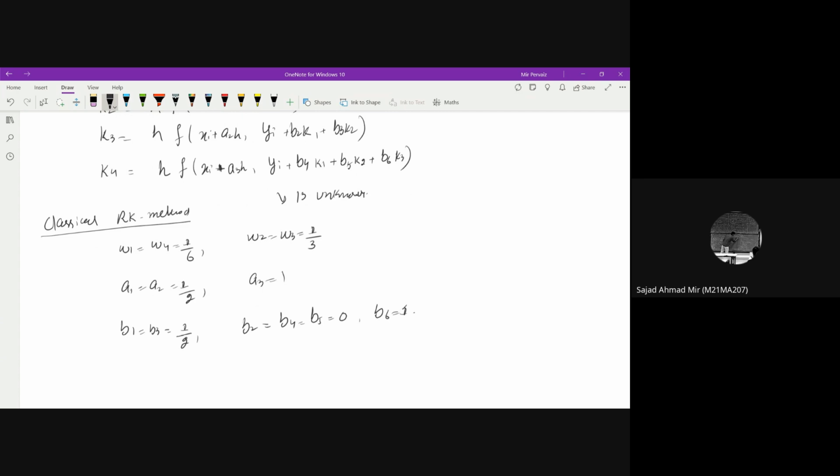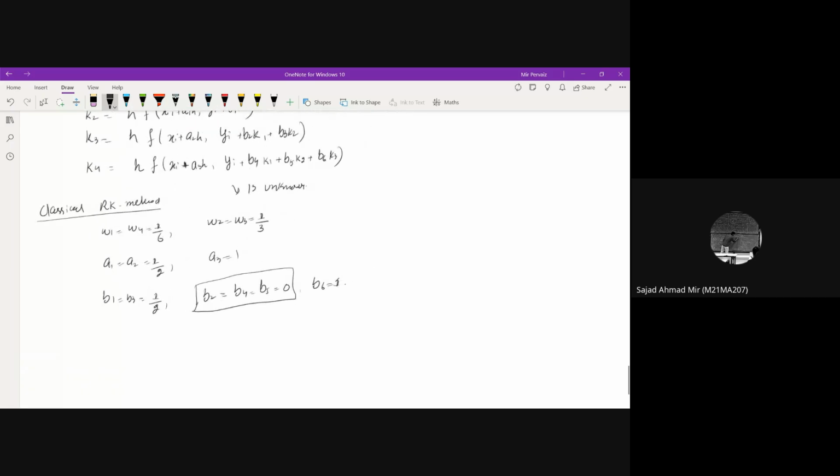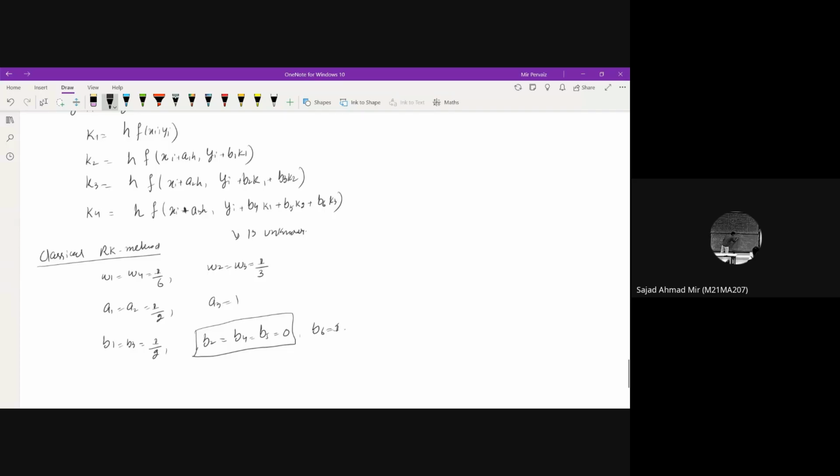These were the free variables. We tune them to 0, and we get the other variables. So the general idea is that you are using the concept of slope at multiple locations and their weighted sum.